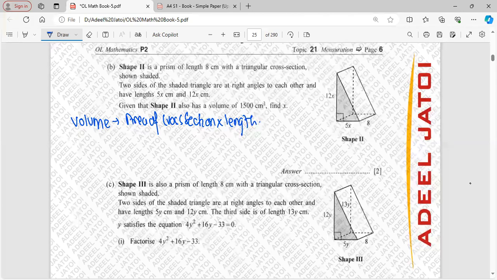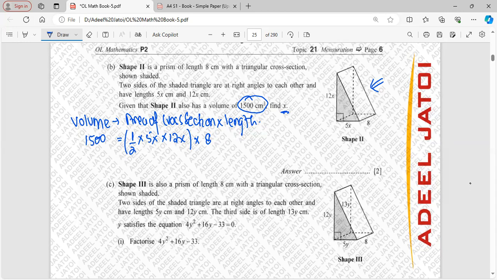Given that shape 2 has a volume of 1500 centimeter cube, but you need to find out the value of x. So it means area of the triangle, half into base 5x and the height 12x, multiplied by length, that is 8, is equal to 1500.